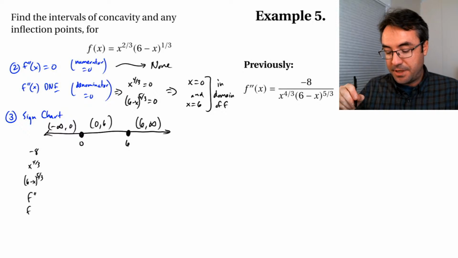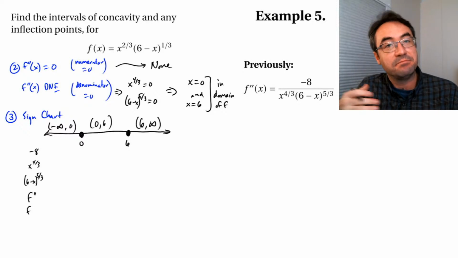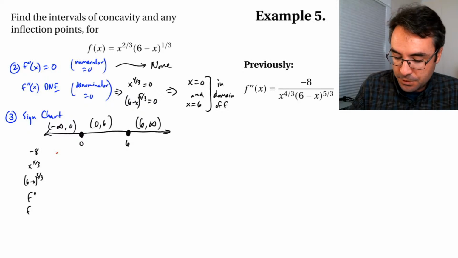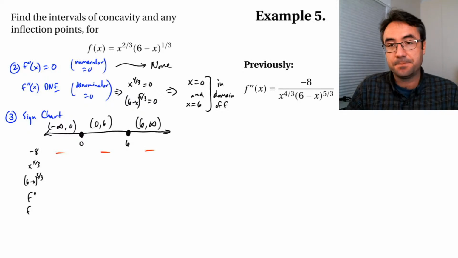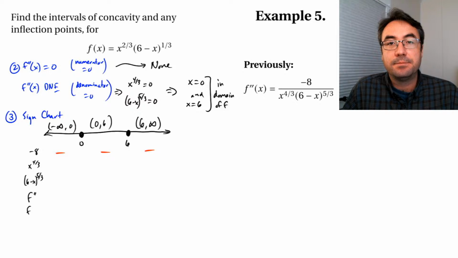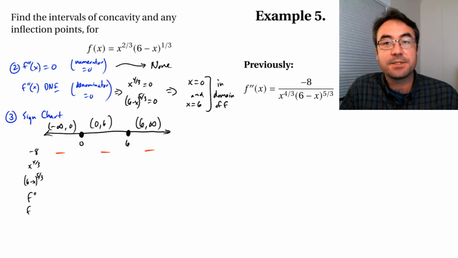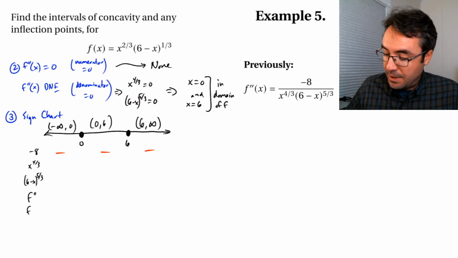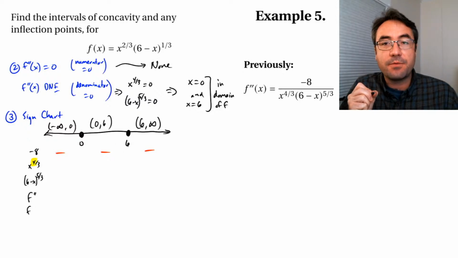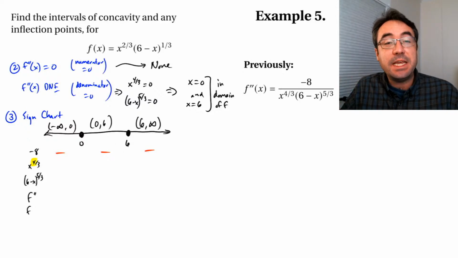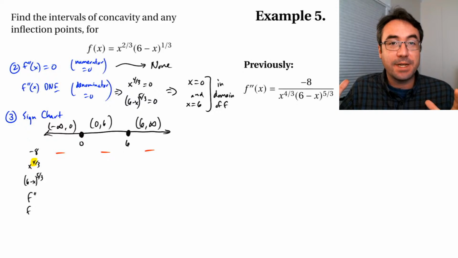So start off with the easy one. -8, it's always negative. Just go right across. It's always negative. The next easiest one, x to the 4/3. Well, that 4 there in the numerator of our exponent, that means we have an even power. So at some point we're multiplying a number by itself 4 times.